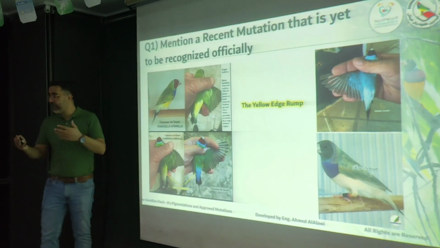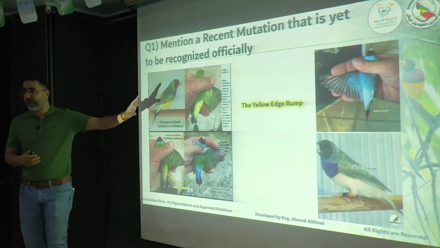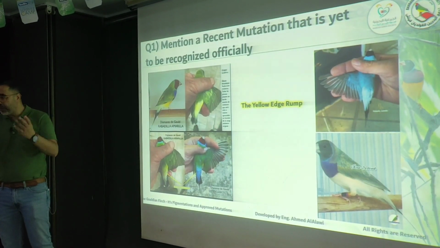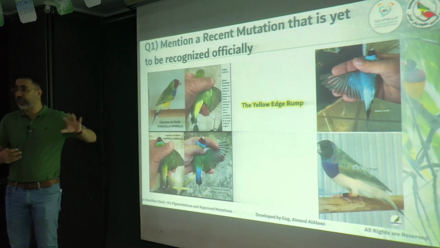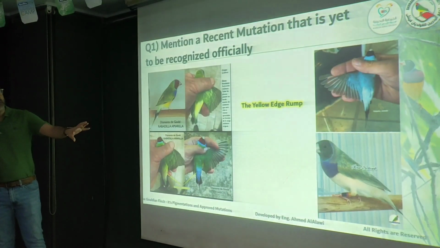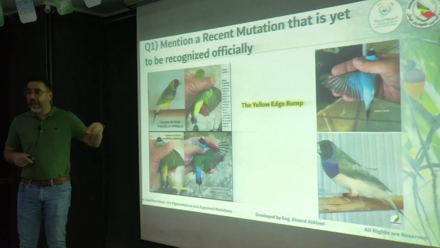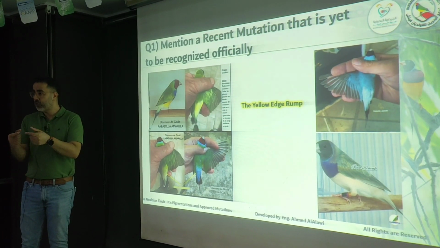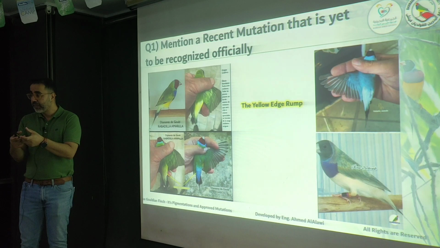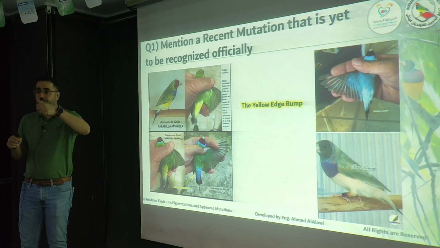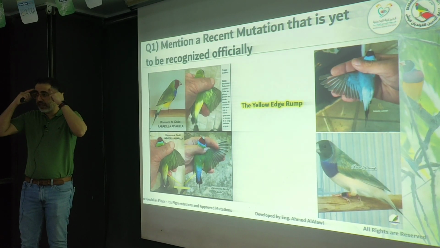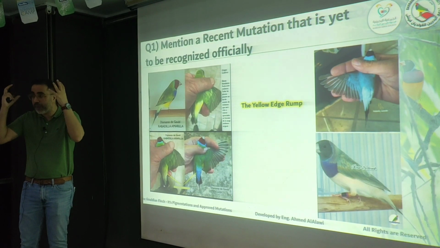You know Clyde, right? Clyde works with these, not him, but in South Africa, he is also a judge for these. What happens here in the yellow ram? The mutation affects the blue structure of the feather, only in two areas. The aqua was not affecting the head too much, so it was bright.